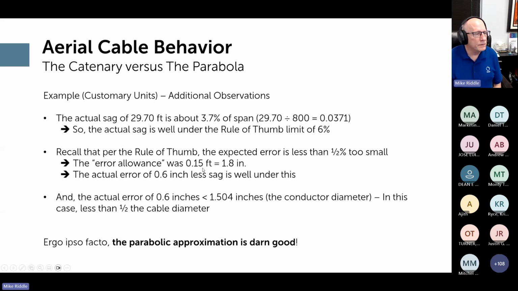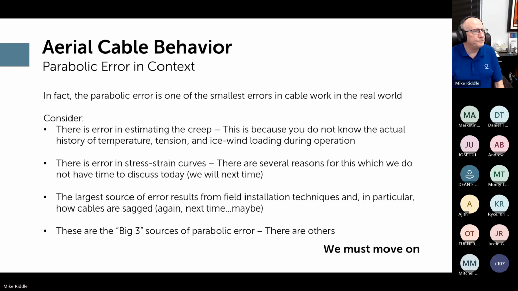So our actual error is well within the expected error allowance, so to speak. And that actual error is much less than the conductor diameter, in this case less than half of the cable diameter. So as I said a moment ago, the parabolic approximation is pretty darn good.